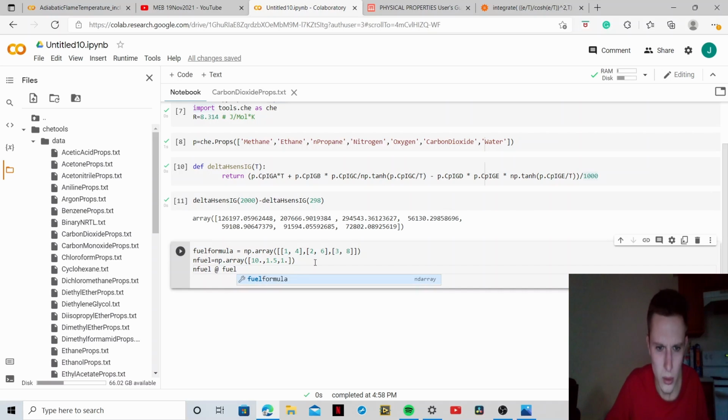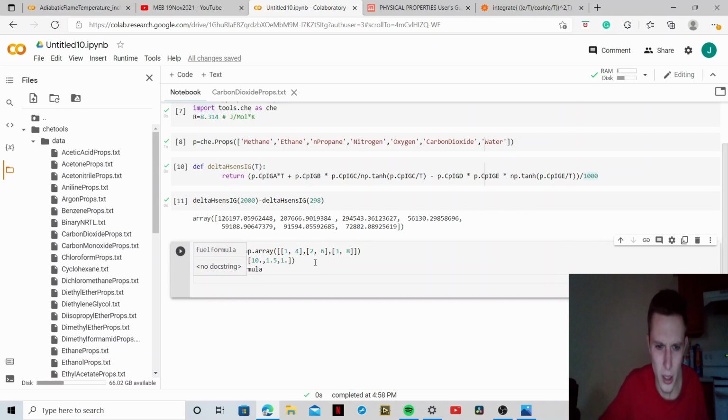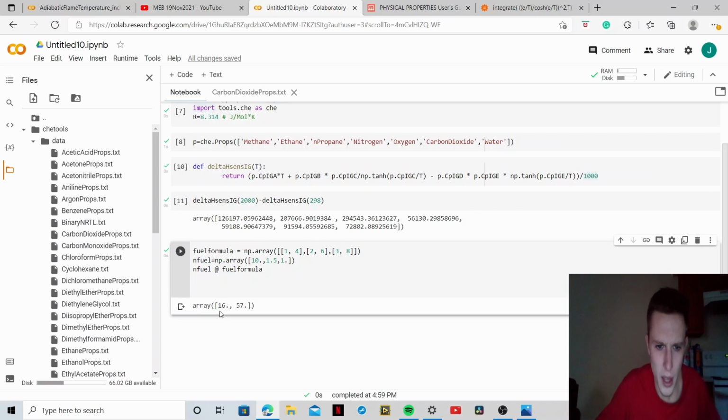Fuel @ formula. And it actually gives us these two numbers. Right here on our left is the number of carbons, so 16 moles of carbon, and the number of hydrogens we have. Okay, so let's say we want to give these values proper names.